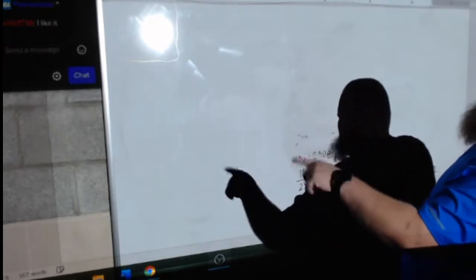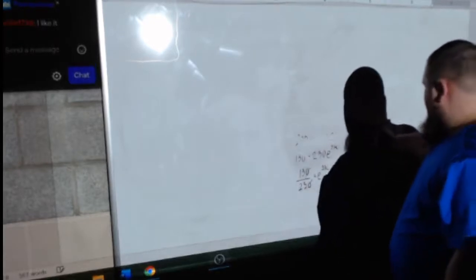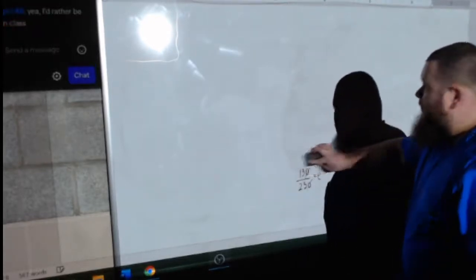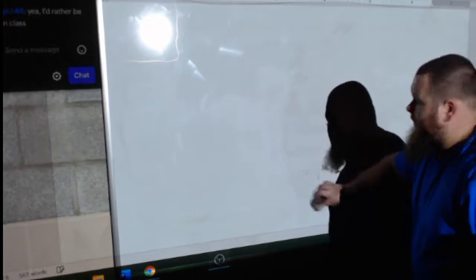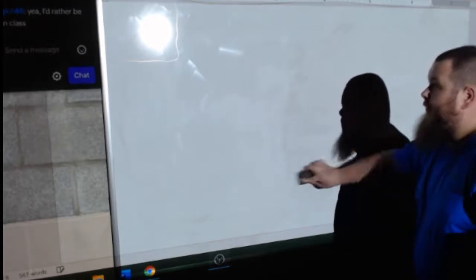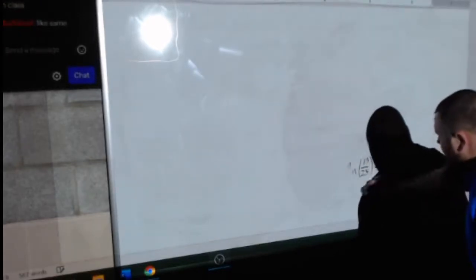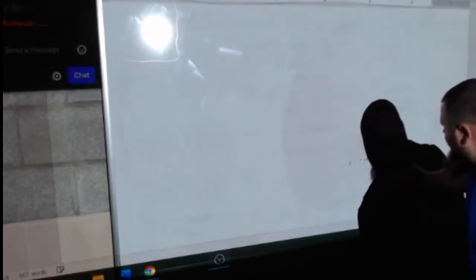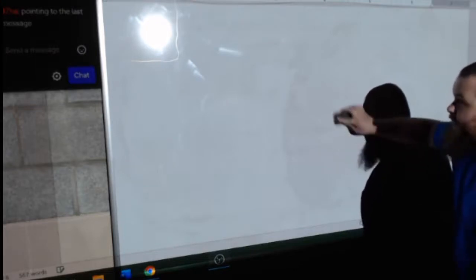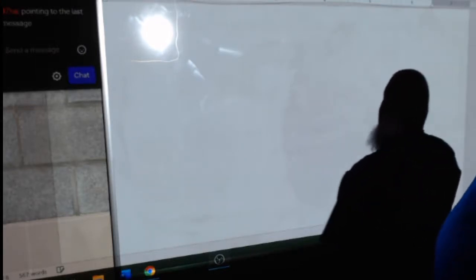Can somebody explain to me what the little caret is for when you're doing your chat? Pointing to the last message. Gotcha. So basically just agreeing. You guys make me feel old.